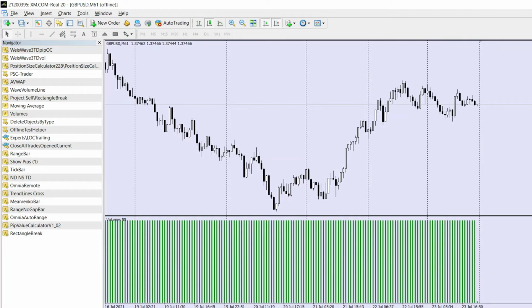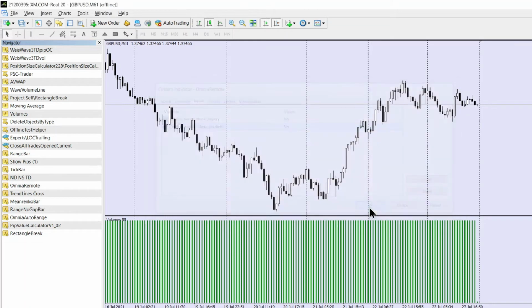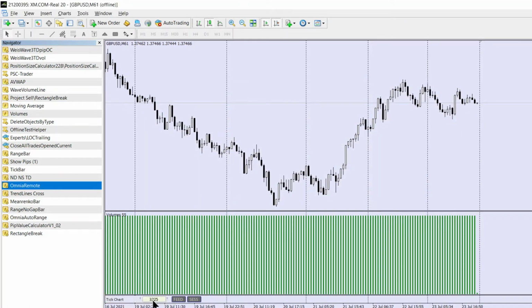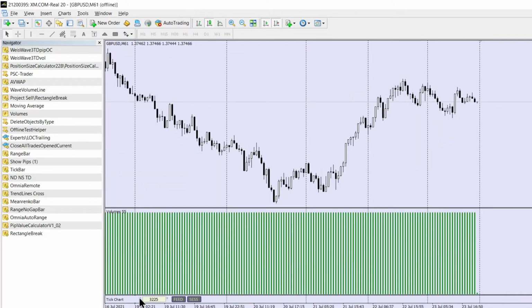So you go to the offline chart and you take this Omnia remote. Okay, let me take the server clock off and the candle predictor off. So right now we are on the tick chart and it shows us our setup. And if we want to go back to our time frame chart, we just press the feed and we went to the time frame chart. Okay, if we want to go back to our offline chart, we just press this and we went to our offline chart, which is very useful.